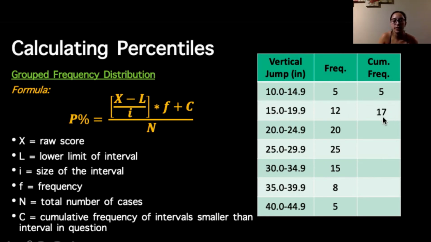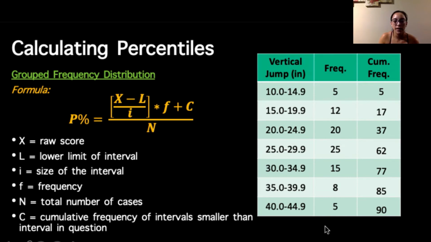So 17 would be our cumulative frequency there. Then we can add 20, we get 37, add 25, 62, add 15 to that, we get 77, and so forth, and we end up with a sample size of 90 people. So 100% of our sample should be able to perform a vertical jump at or worse than 44.9.